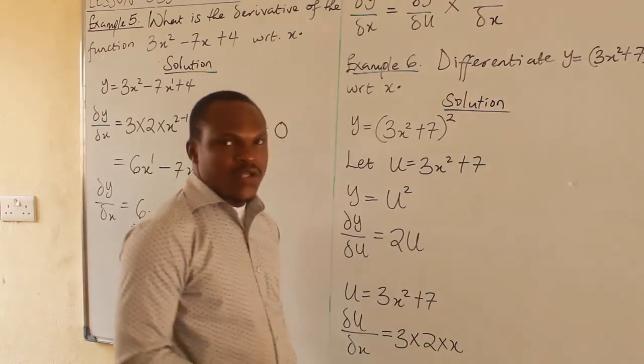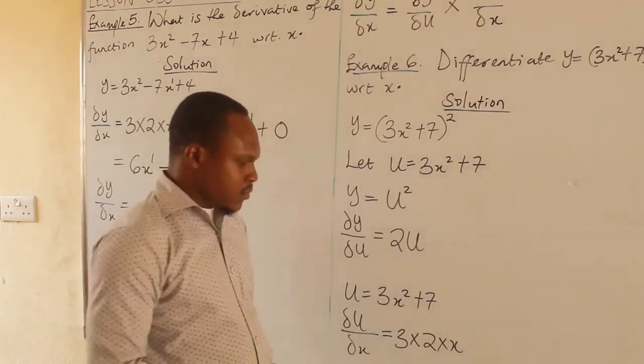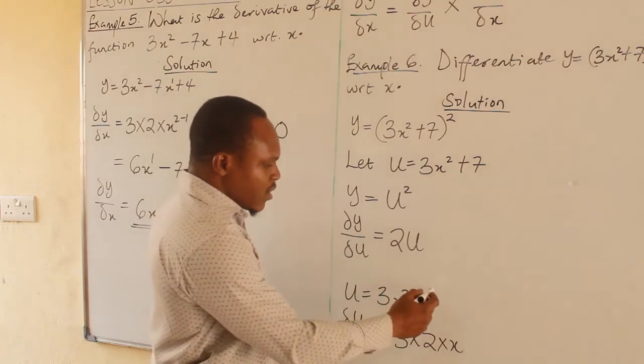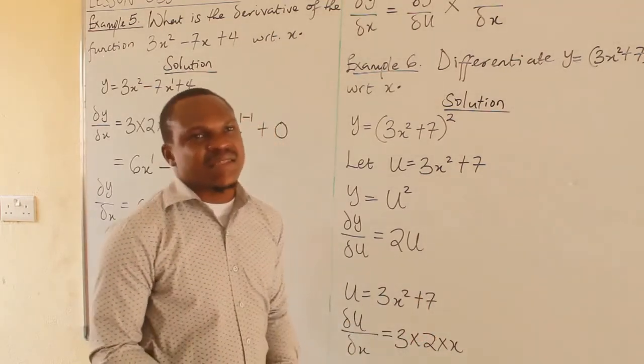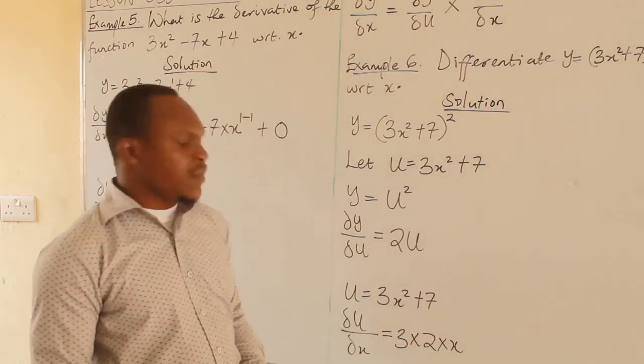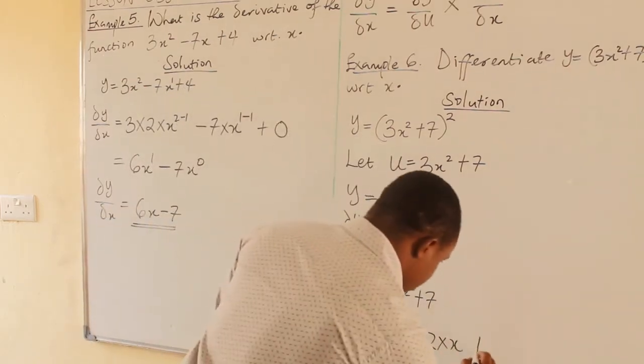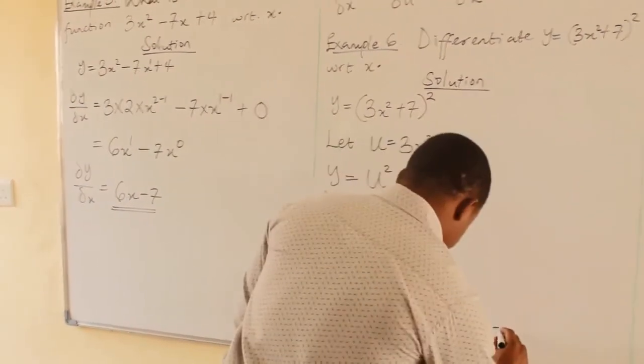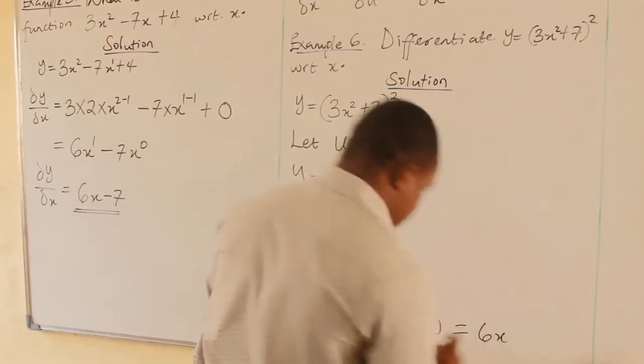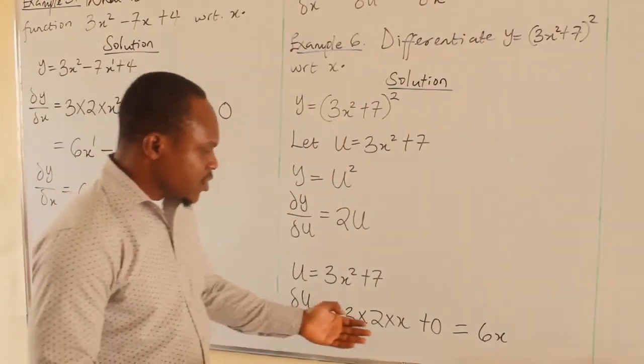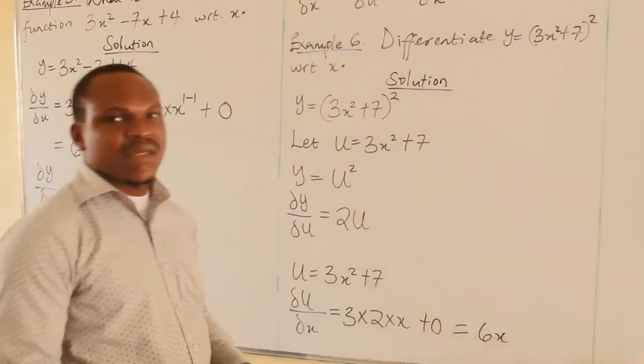Remember, 2 minus 1 is 1, so I won't be doing that anymore. Now, if you look here, 7 is a constant term, and the derivative of a constant term is 0. So I can just add plus 0, and this will give us 6x. 3 times 2 times x gives us 6x.